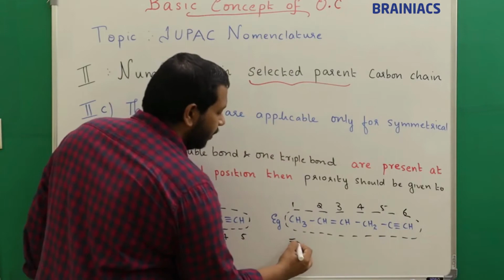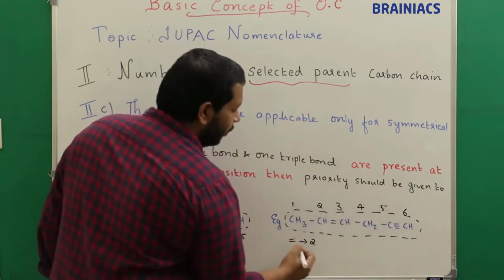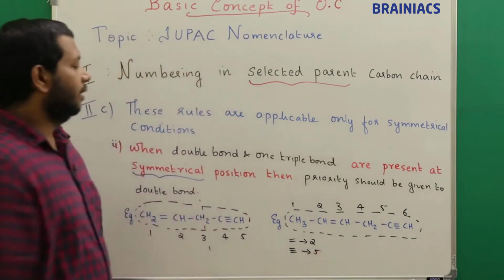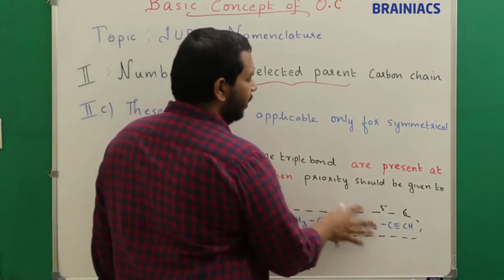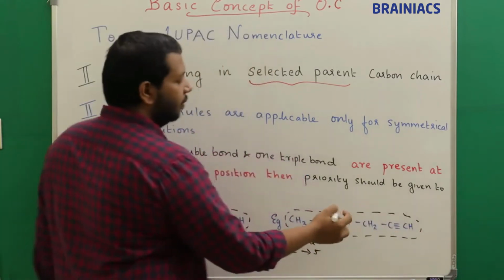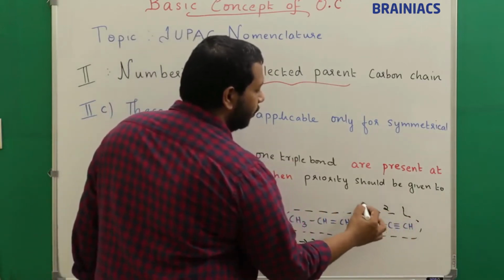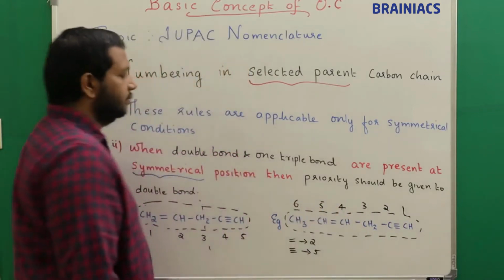So for the double bond, the lowest number coming here is 2, and for the triple bond the lowest number coming here is 5. Now some person, instead of doing like this, has done it in the opposite way, from here 1, 2, 3, 4, 5, 6.